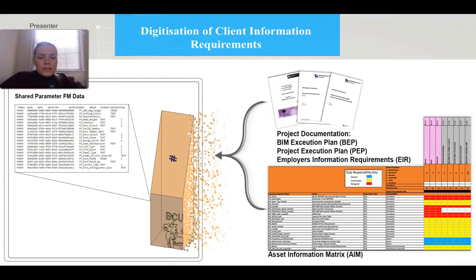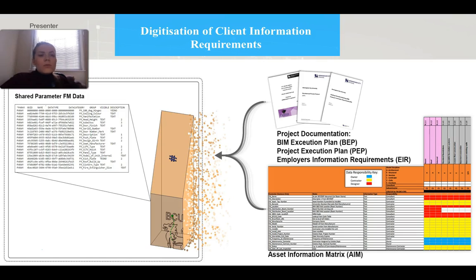The totem itself is actually not something completely novel. It is a digitization of client information requirements. So rather than separately putting the information into each individual object or item or holding it on a separate COBie sheet, what we see is that within each model, within each room or space, the information totem hosts the client information requirements.